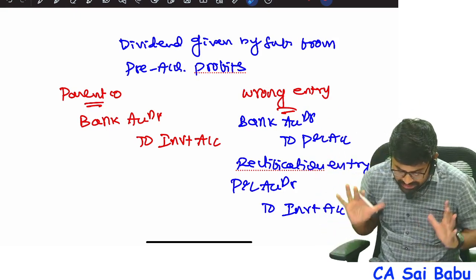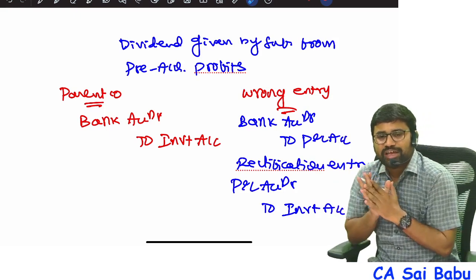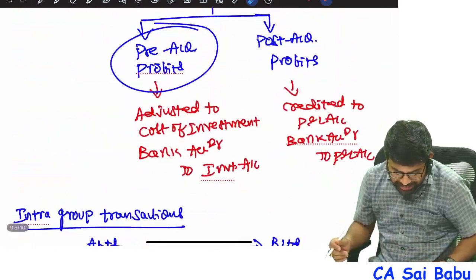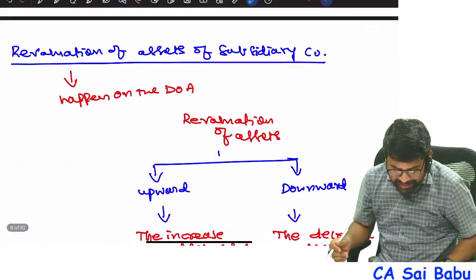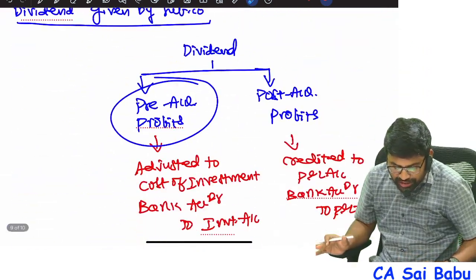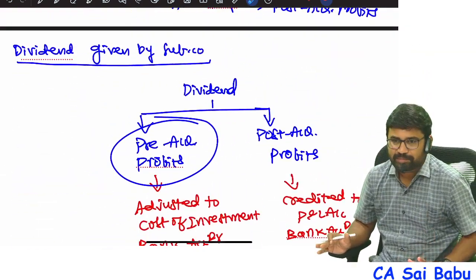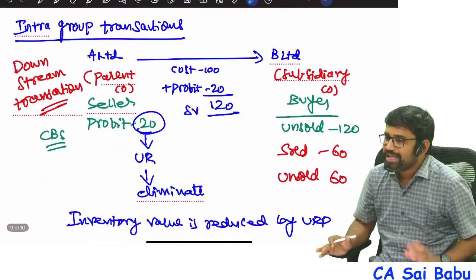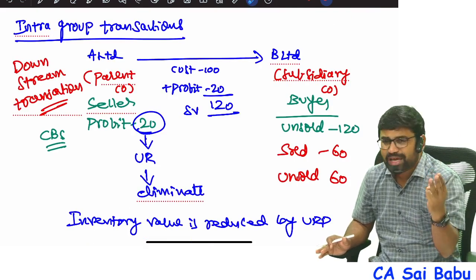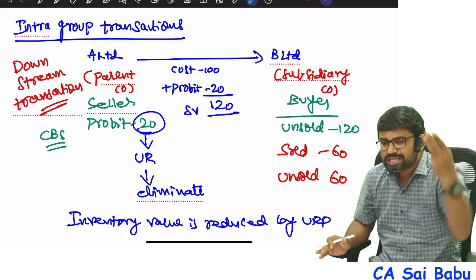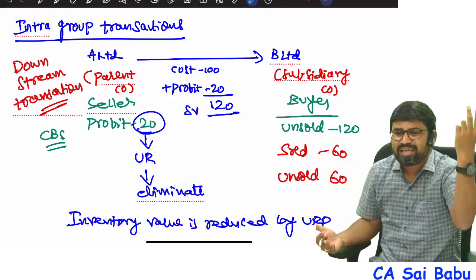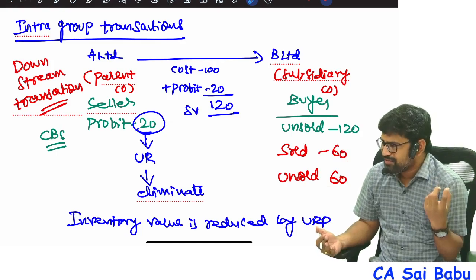So this is 3 important adjustments while analyzing the profits of subsidiary company. So 3 important adjustments explained, sir. What is the first important adjustment? Revaluation of assets of subsidiary company. What is the second important adjustment? Dividend given by subsidiary company. What is the third important adjustment? Intra-group transaction. 2 transactions I explained. One is downstream, another one is upstream. Downstream means parent sold goods to subsidiary. That means profit, whatever unrealized is there in the parent company, we need to eliminate from step number 8.